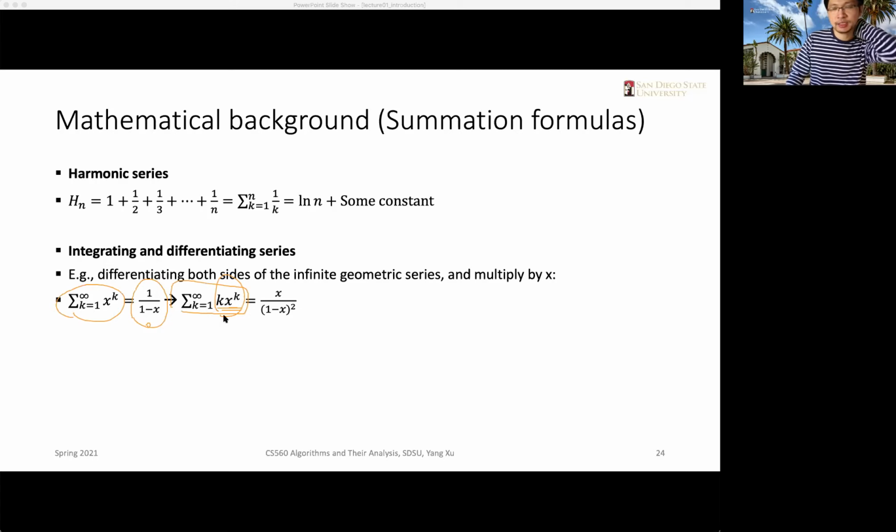Each term is the result of taking the derivative of the geometric series, so the same applies if we take the derivative of the summation form. This is a special case of application, and I think we may use it once.